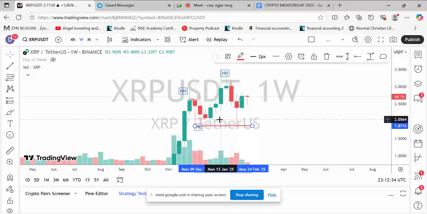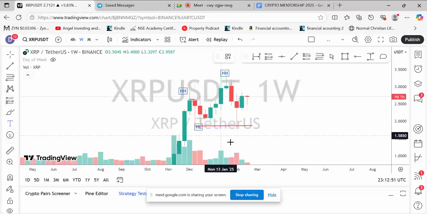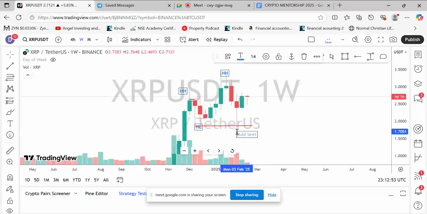Remember that in a bullish market, we are having higher high, higher low, higher high. If we're still strongly bullish on the weekly, we're supposed to have a higher low, but you can see that instead we had a lower low.